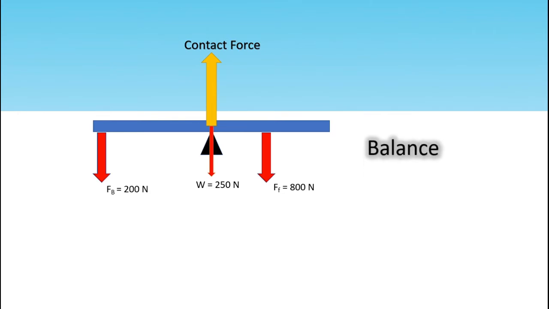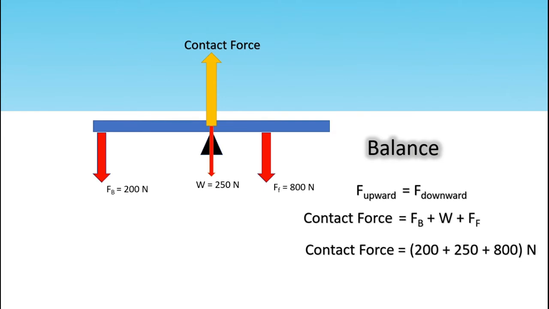Because the seesaw is in equilibrium, we can calculate this contact force. It must balance the three downward forces, so its value is 200 Newton plus 800 Newton plus 250 Newton. It's equal to 1250 Newtons upward. This force has no turning effect because it acts through the pivot. Its distance from the pivot is 0, so its moment is 0.